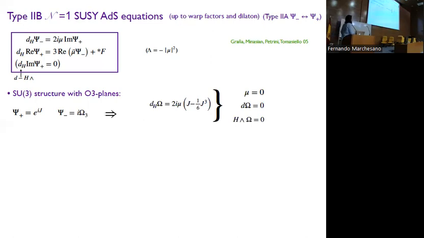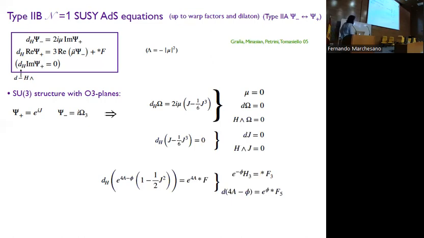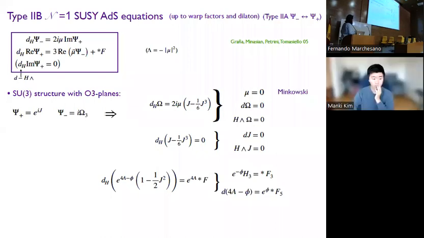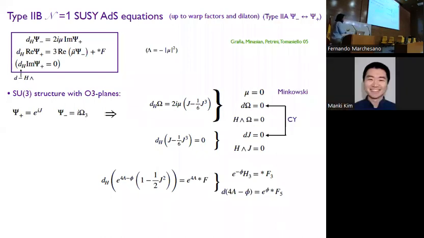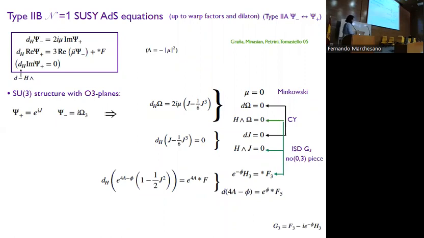Then you get that you cannot have a (0,3) flux, and omega is equal to 0. If you keep playing with all the equations, let me not derive it, but it is very easy to see that you have dJ equals 0, d omega equals 0, so it's a Calabi-Yau.